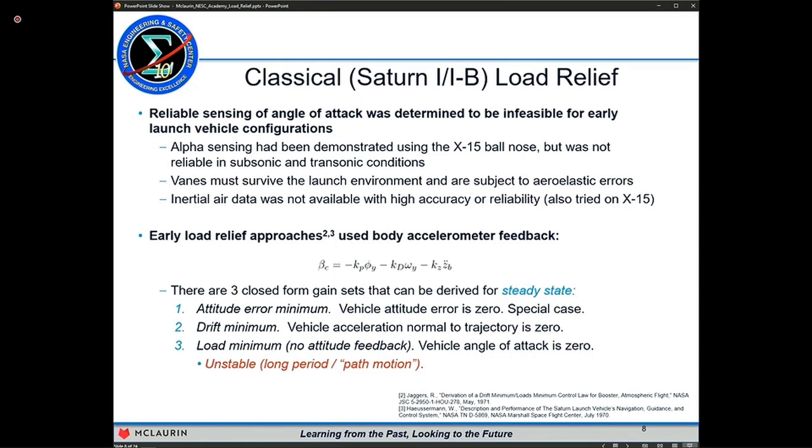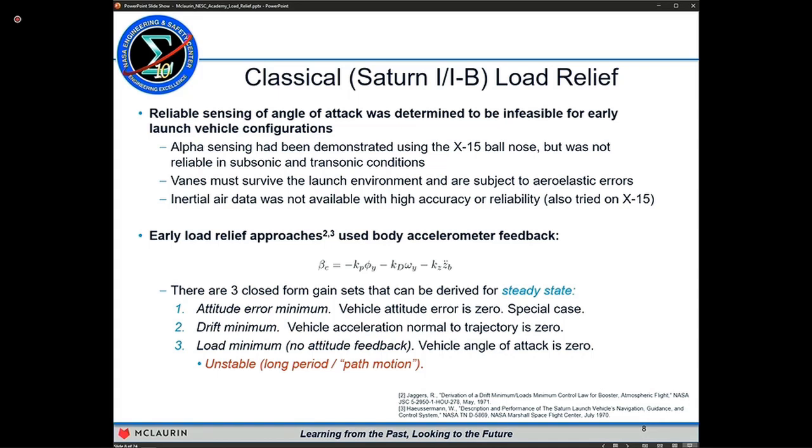Angle of attack sensing was strongly considered via forward-located vanes, as had been used for various aircraft systems up to that point, with a lot of flight testing. There were flight-qualified vane systems that would work out to reasonably high Mach numbers.